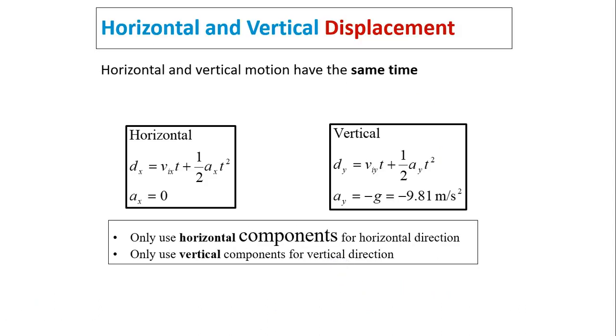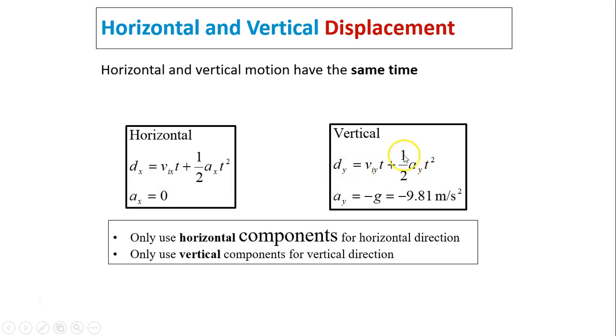Now let's talk about the displacement. So horizontal and vertical motion have the same time. In the horizontal direction, ax equals 0, so it is moving with constant velocity.